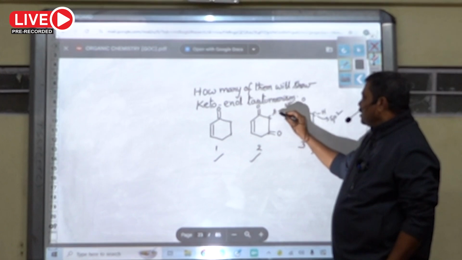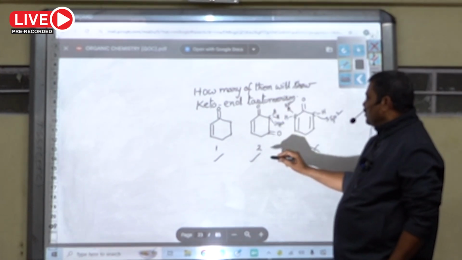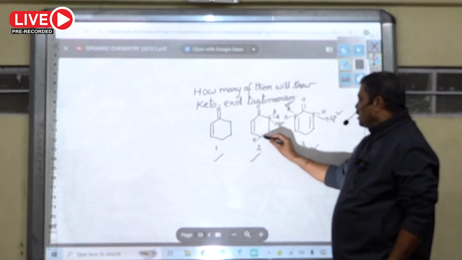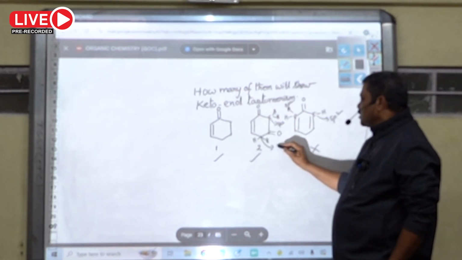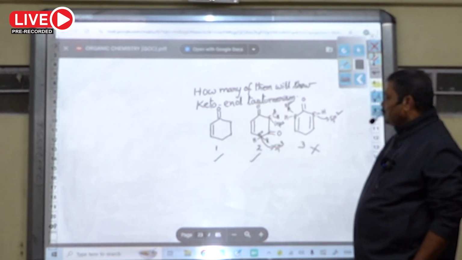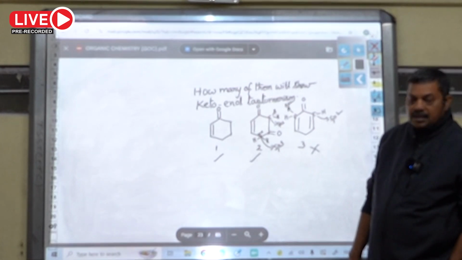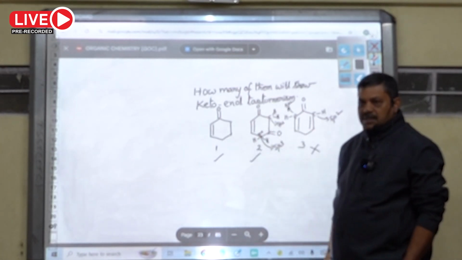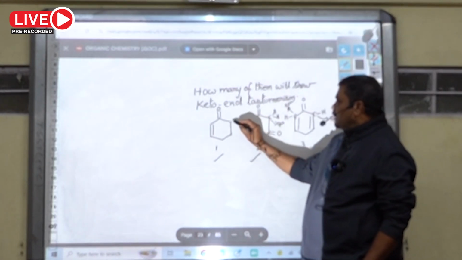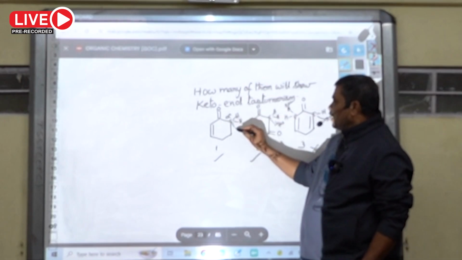Here this alpha carbon is sp3. Here one more alpha carbon, sp3. The carbon adjacent to C double bond O is alpha. Here this alpha carbon is sp3.